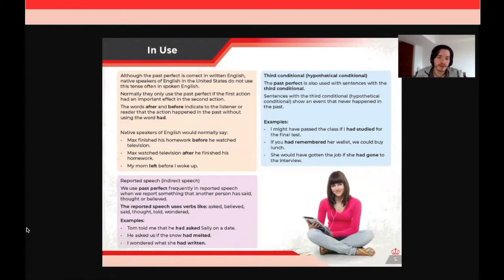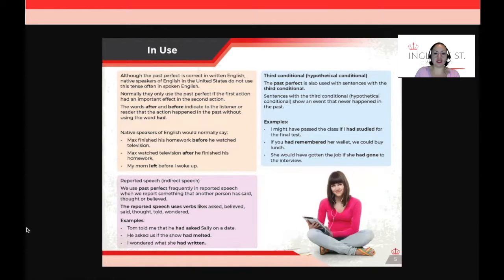Examples. Tom told me that he had asked Sally on a date. Second example. He asked us if the snow had melted. And the third one, I wonder what she had written.